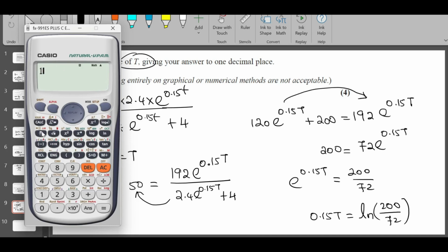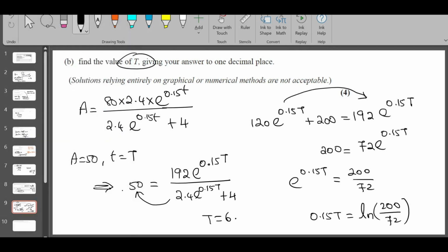So it's going to be 1 divided by 0.15 ln 200 over 72. That's 6.8, they want the answer to one decimal place, so 6.8 days. T is 6.8 days. That's all.